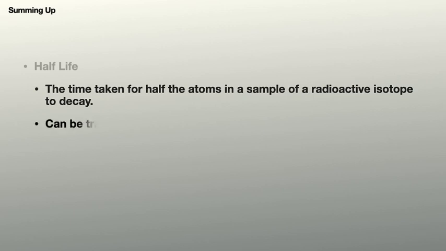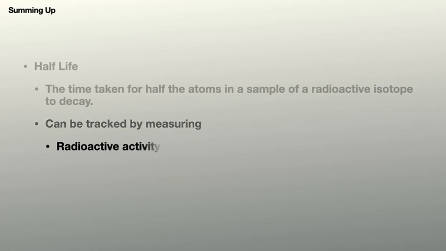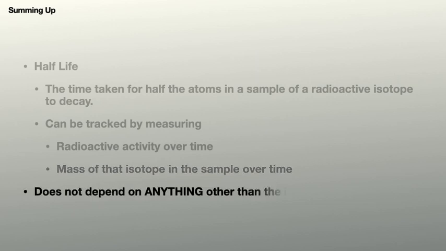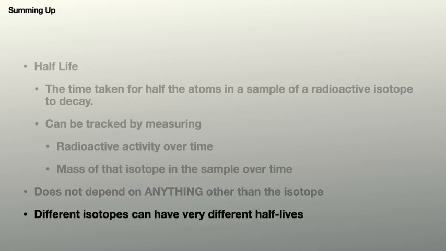And you can track that by measuring radioactive activity over time, using something like a Geiger counter, or measuring the mass of that isotope in the sample over time. The half-life doesn't depend on anything other than which isotope it is. And different isotopes can have very different half-lives.